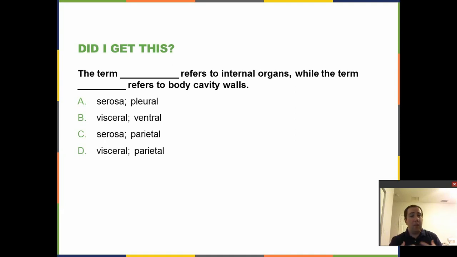And so visceral refers to internal organs. And the parietal serous membrane is the part that faces away from the organ. And so it's going to be out into the cavity that the organ sits in. And so this is just a general something that you can think about throughout the semester. Visceral is always going to refer to internal organs, and parietal is always going to mean outside.